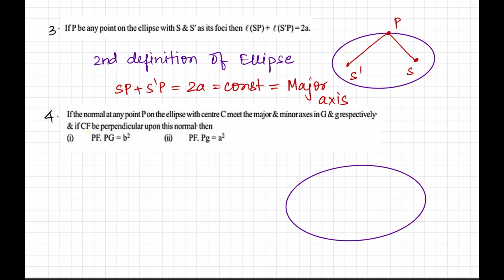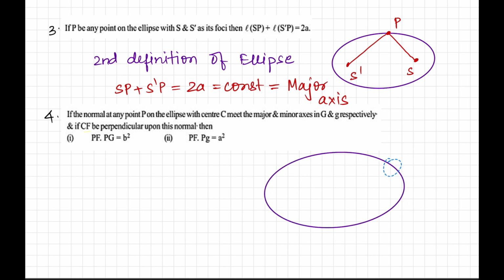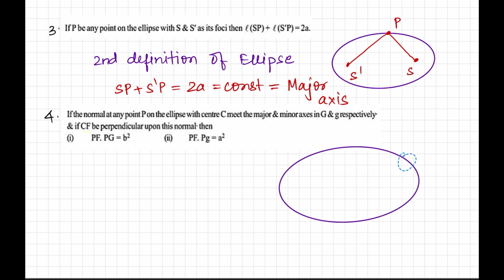तो ये हमने हमारा एलिप्स ड्रॉ कर लिया. अभी हम क्या करेंगे? अभी हम इस एलिप्स पे एक नॉर्मल ड्रॉ करेंगे. सो बिफोर वी ड्रॉ द नॉर्मल, let us draw the major axis and the minor axis. Now suppose at a point P here we are drawing a normal to this ellipse, तो ये हो गया हमारा normal.